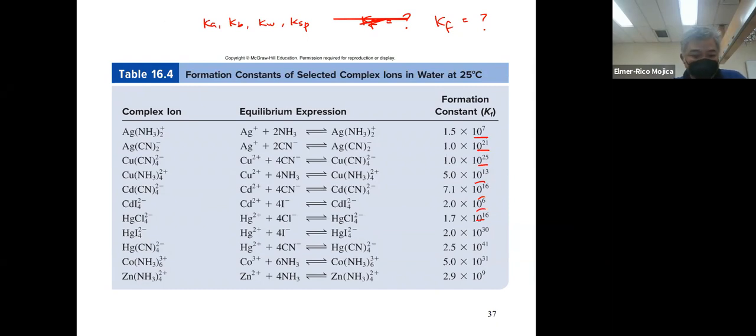So that's the main difference of the K value that you have. So most likely this is what? A one direction reaction. If you have a complex ion, it's a one direction reaction. It's just that it's not really that the reactant will be zero. No, what happened is you just have a very small amount of the reactant left when the reaction takes place.